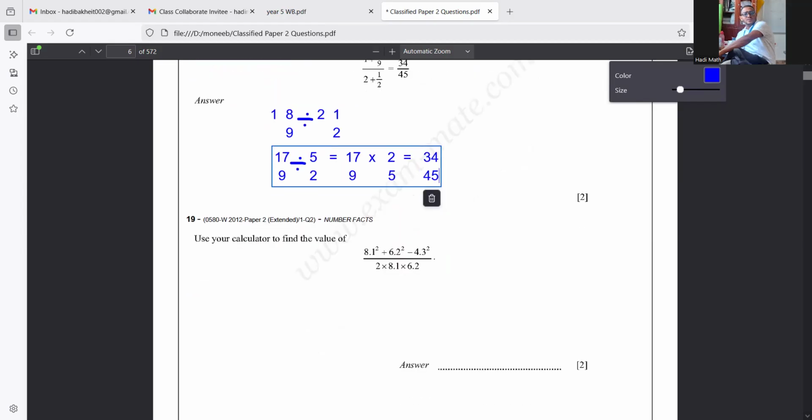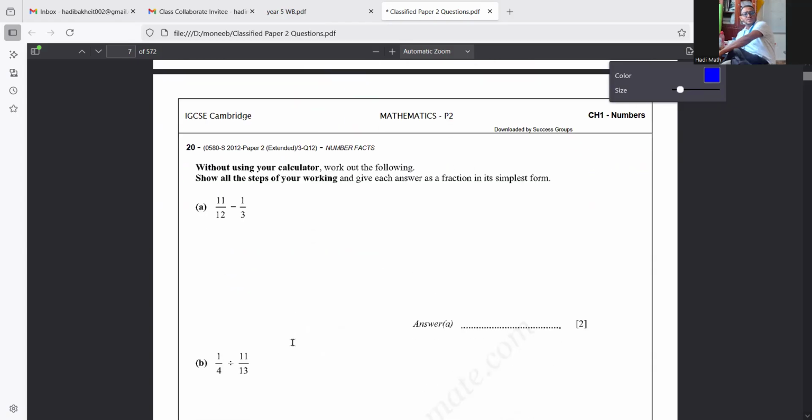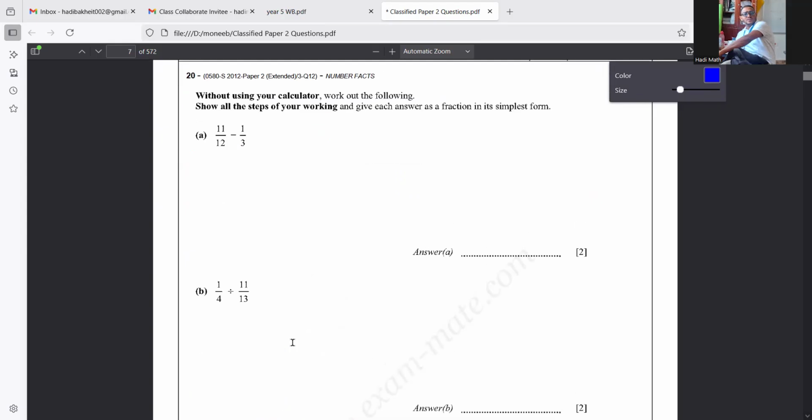They ask you to use a calculator. So use a calculator to solve this one, as you know how to use a calculator. This is without using calculator, show all your steps. When they ask you without using calculator, you write it 11 over 12. You make common denominator, so you can make the 3 into 12 by multiplying it by 4 up and down.